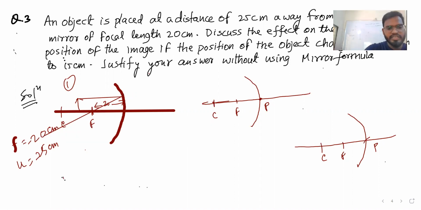So this is the first thing. And the second thing we can say, a ray hitting the pole, then what will happen? It will reflect back with the same angle, right? So the image we can form somewhere here, right? Somewhere here. So we can say now here it will form, right?